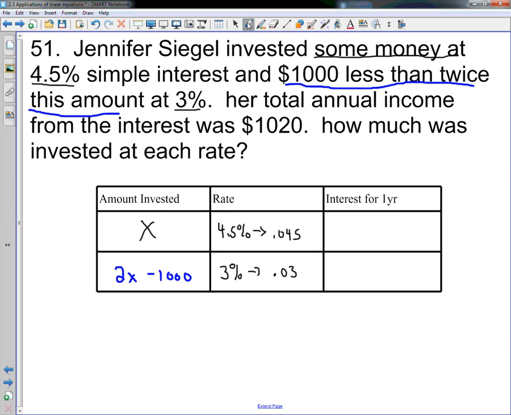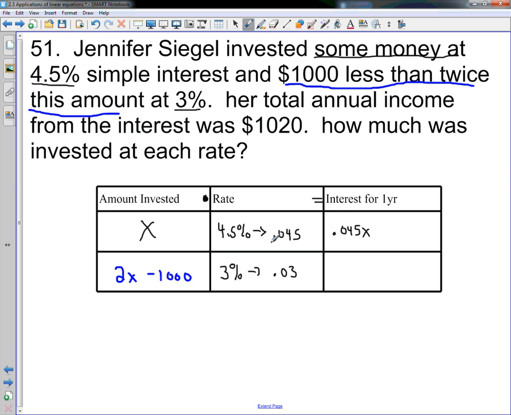Now, to figure out how much interest is earned after 1 year, we have the amount invested times the rate should equal the interest. So we have x times the rate, so 0.045 times x. So I'm multiplying those two together.